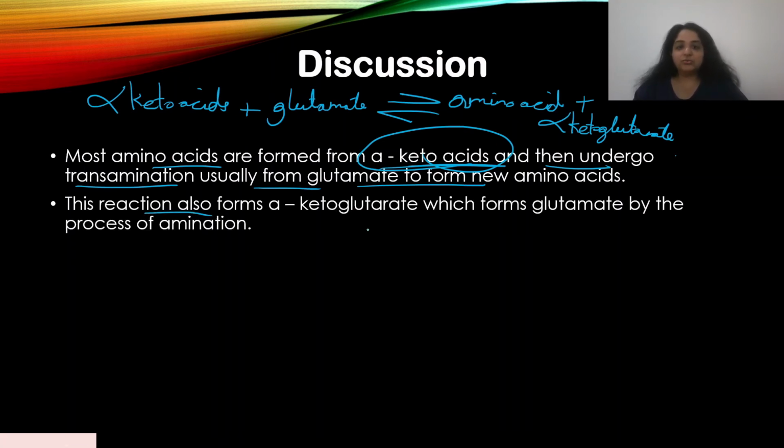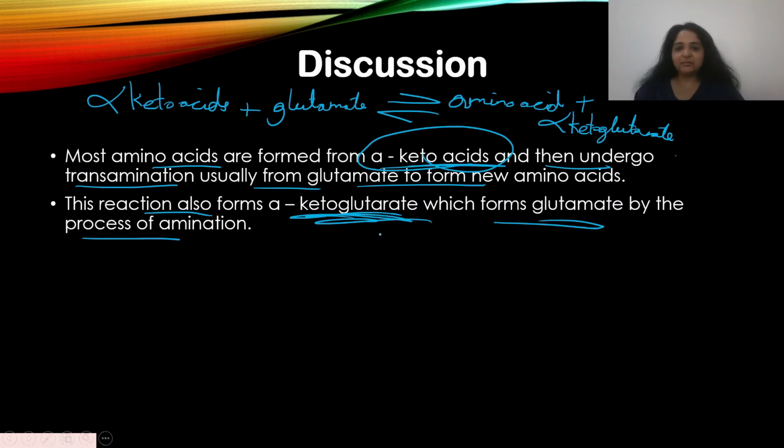So the reaction also forms alpha ketoglutarate, which forms glutamate by the process of amination. So alpha ketoglutarate also plays a role in forming the amino acids.